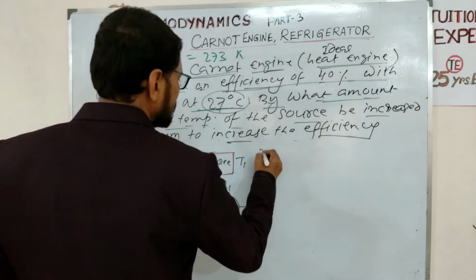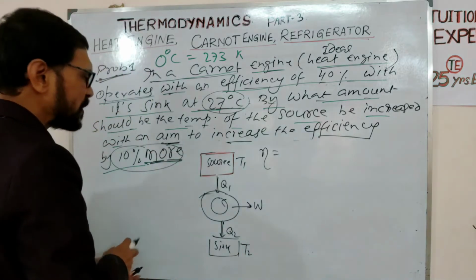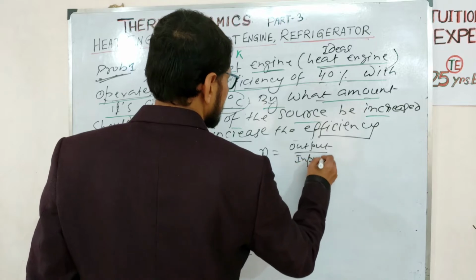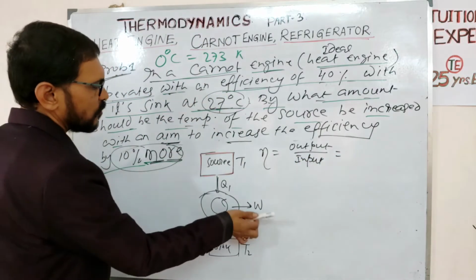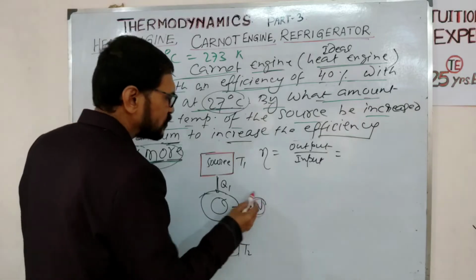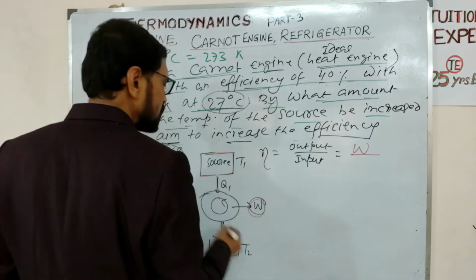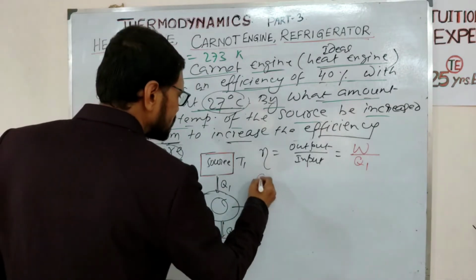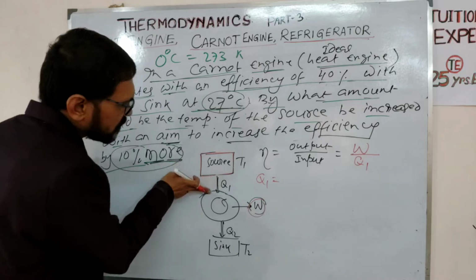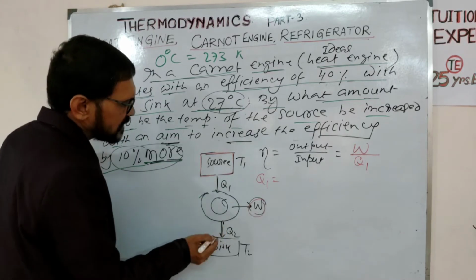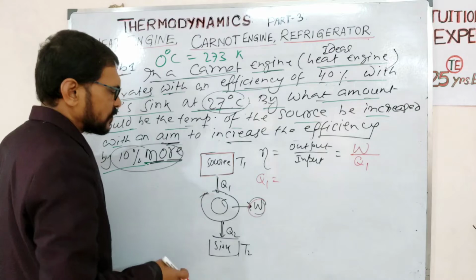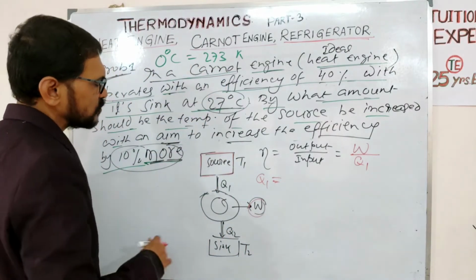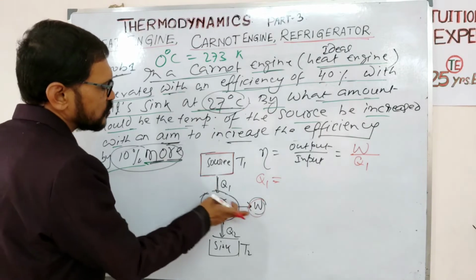So what is the efficiency? We know efficiency equals output by input. From class 10 you have learned that efficiency equals output by input. Here work done is output, so W by input, which is Q1. Now what is the relation between Q1, W and Q2? Q1 is input and the two outputs are W and Q2. In an ideal engine, if no energy is lost, input equals output.